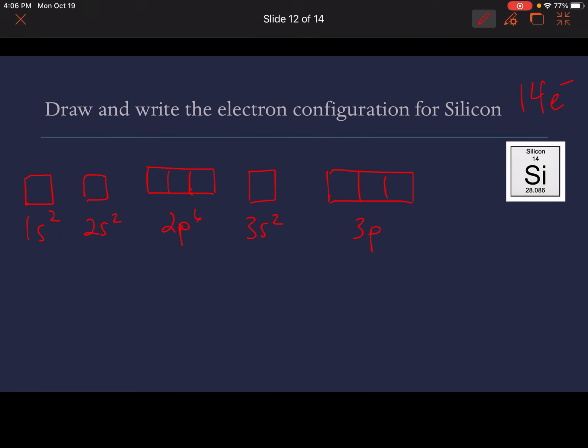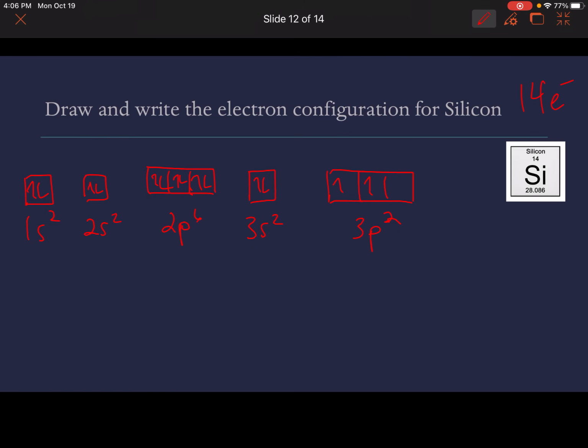So this is 3p, but through here, I only have 2 electrons. Let's fill in my boxes here. So I've got 1, 2, 3, 4, 5, 6, 7, 8, 9, 10, 11, 12, and then 13, 14. So my valence there is going to be 3p2, right?